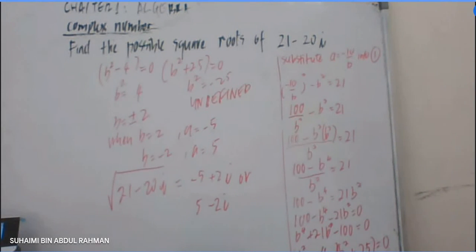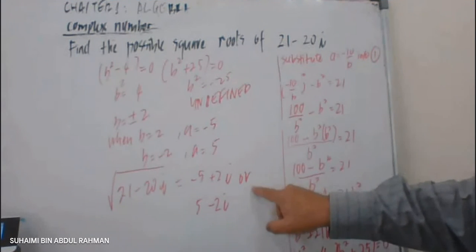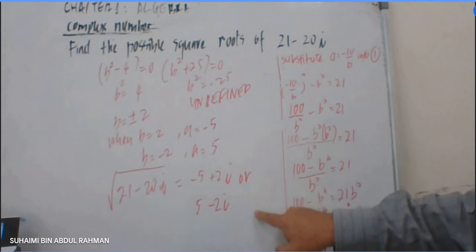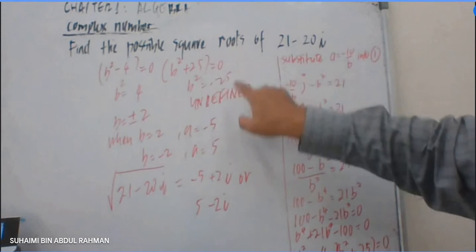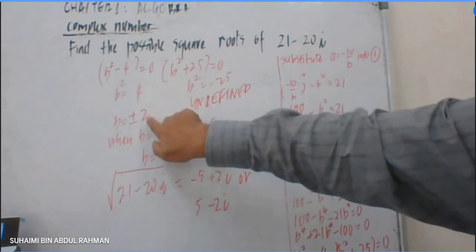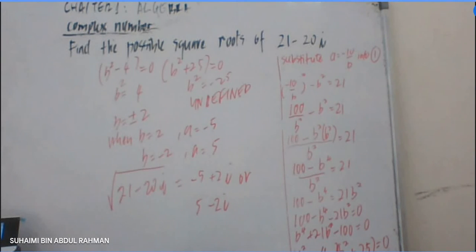Sir? Yes. But there's going to be four answers, right? Two answers, because this part is undefined, so we leave this part. We just find the answer when B is equal to either plus 2 or minus 2.